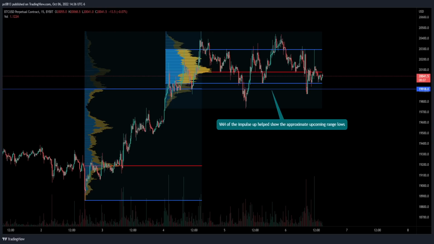We're going to have an entire video tutorial going over using fixed range data, how I personally use it to help find these upcoming ranges and trade them before they form. That way you will be in these trades, you will get primo entries before anyone has really seen that range has formed. It's not confirmed yet, but we're still trading it because we know the probabilities are good of it occurring. So just a sneak peek into that technique there.